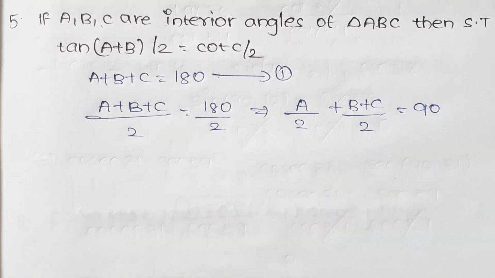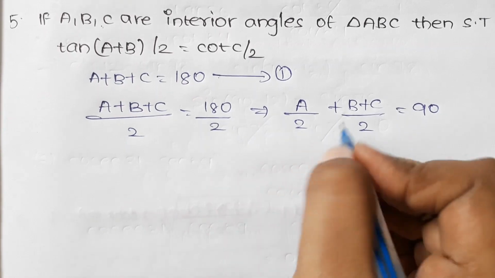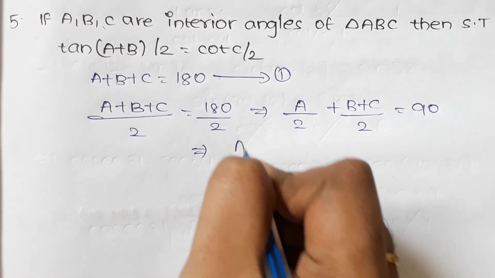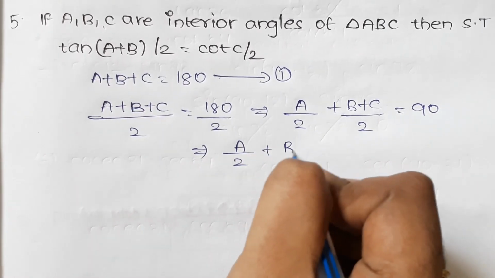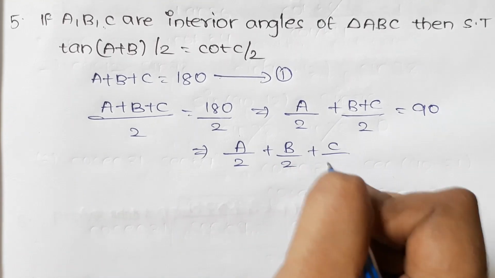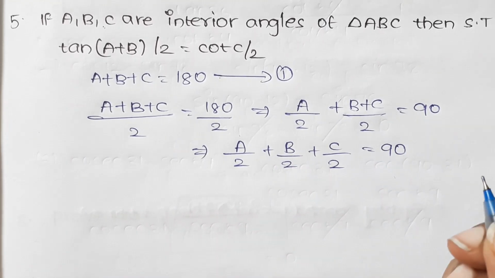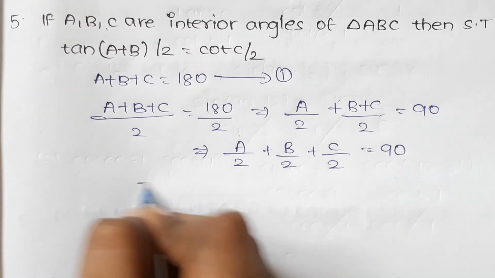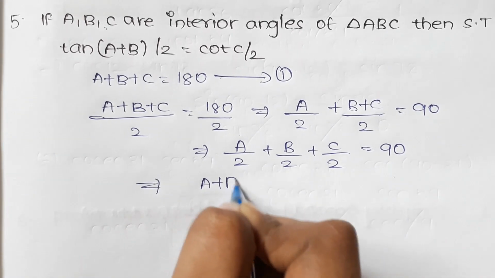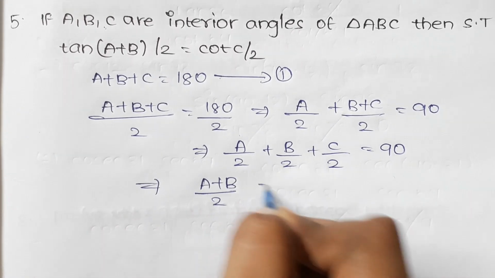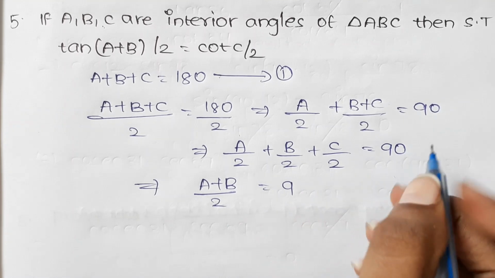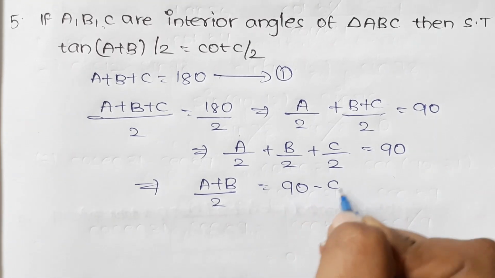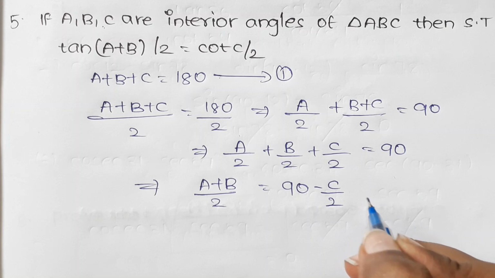And from this, (A plus B) by 2 equals, with C by 2 taken to the RHS side, 90 minus C by 2.